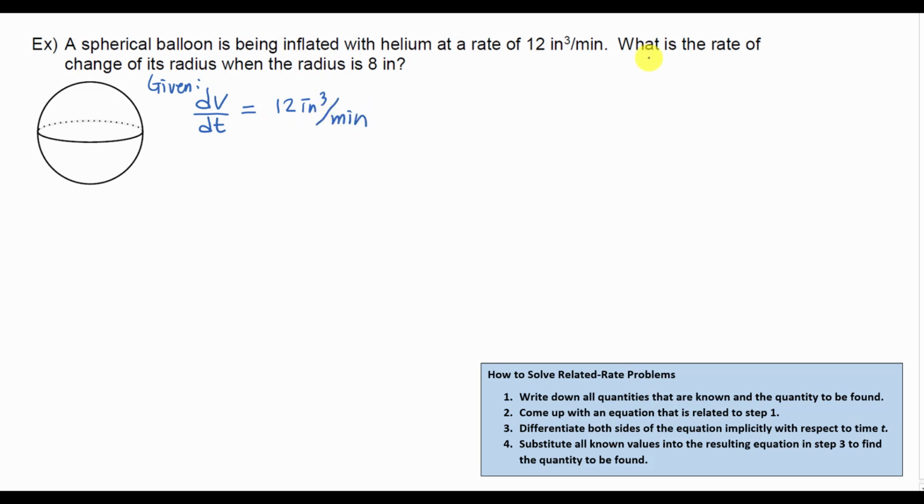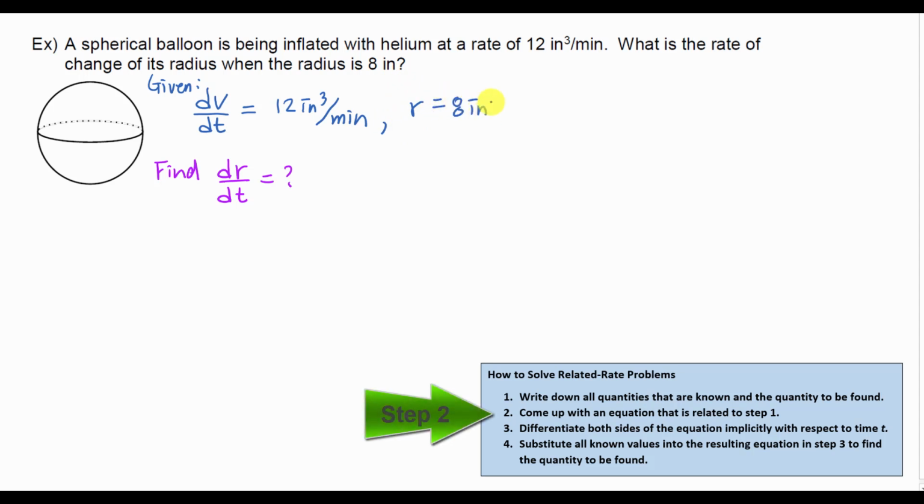And they said, what is the rate of change of its radius? They're asking to find what now? They said find the rate of change, which is the derivative of radius with respect to t, when the radius is 8 inches. At the moment when radius is equal to 8 inches.